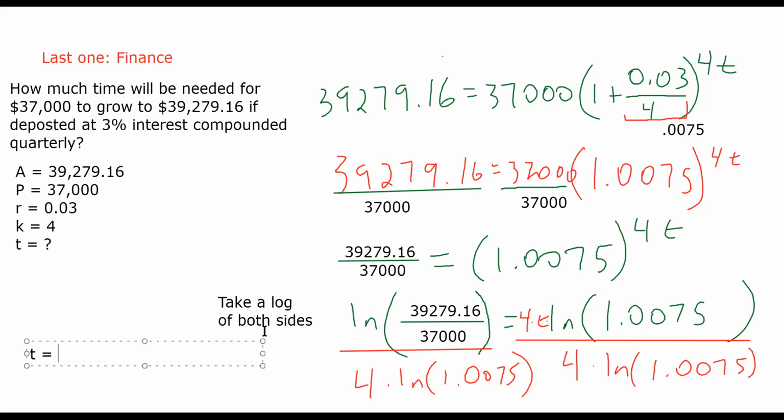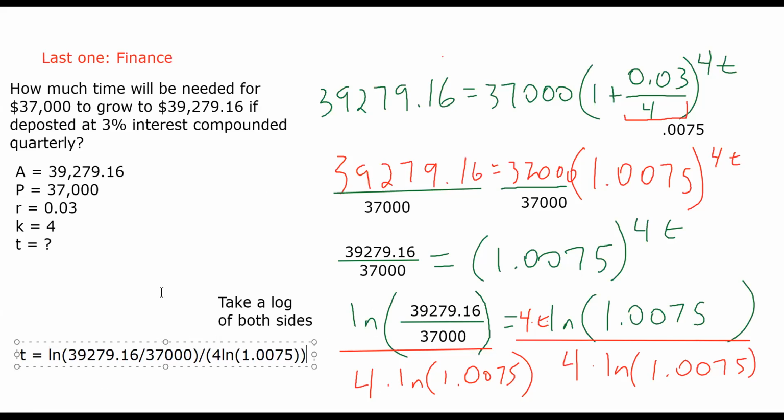Now, you're going to need to put that into the calculator. Let me show you exactly how you'll want to type it into the calculator. You're going to want to do ln of 39,279.16 divided by 37,000. Then you need to divide that by, in parentheses, 4 ln of 1.0075 and close off 2 parentheses.